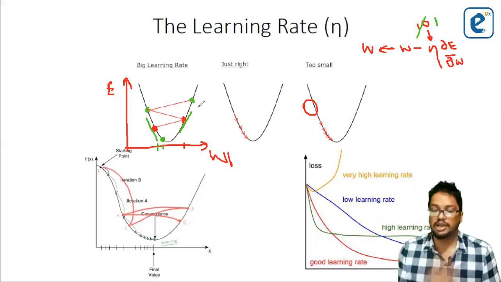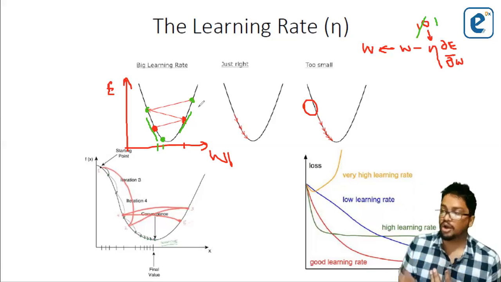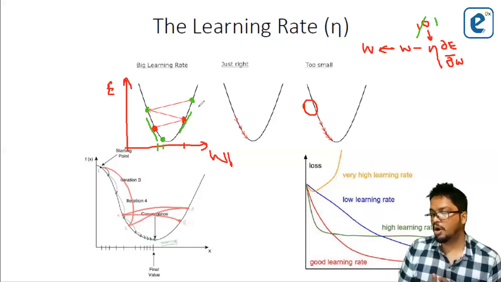Likewise, it's not going to reach the minimum, so it moves away from the global optimum loss and will not converge.